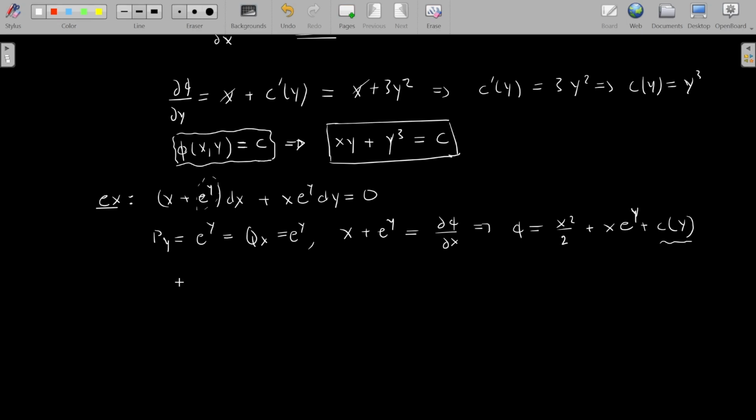And again, this guy is going to be equal to Q, the partial derivative with respect to y. So x e to the y is going to be ∂φ/∂y, meaning that x e to the y plus c'(y) is going to be x e to the y.